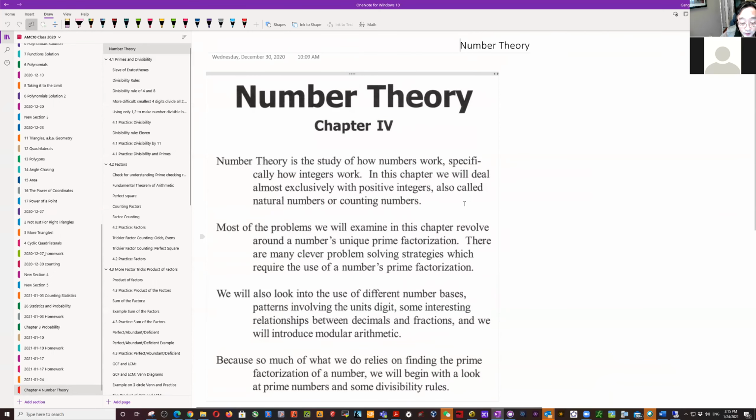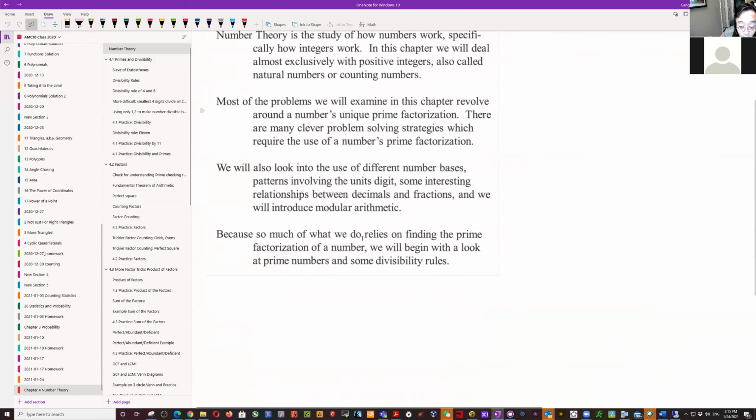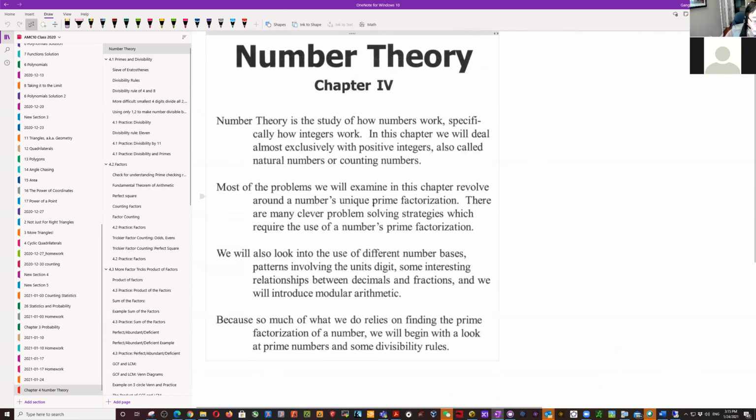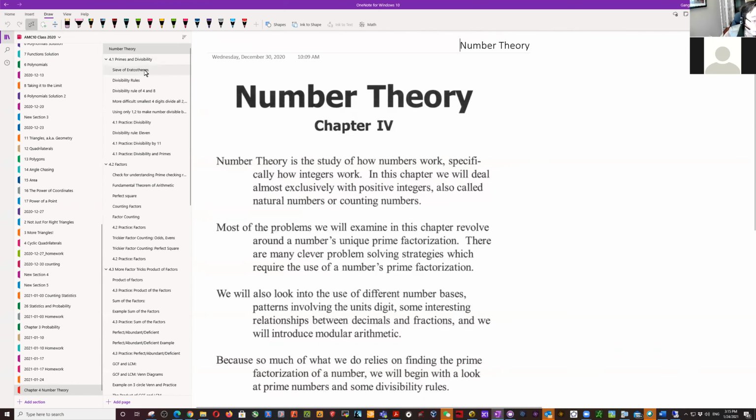Number theory is mostly exclusively dealing with positive integers, and dealing with prime factorization, and also dealing with modular and unit digit, and the relationship between decimal and fraction. So those are the topics we are going to go through.